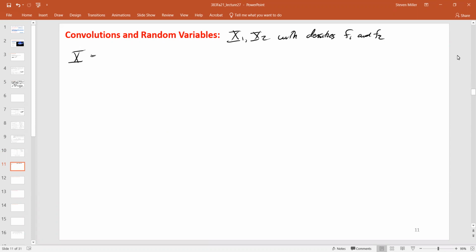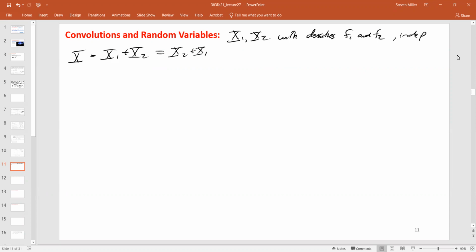I can let the random variable x be x1 plus x2, which is the same as x2 plus x1. Again, I'm assuming here everything is independent. What I want to do is write down the probability density function for my random variable x. Hopefully I should have something nice in terms of f1 and f2.